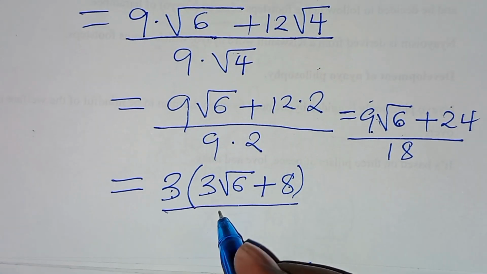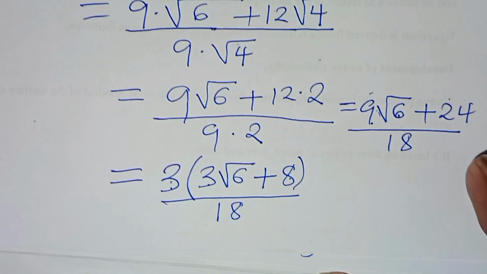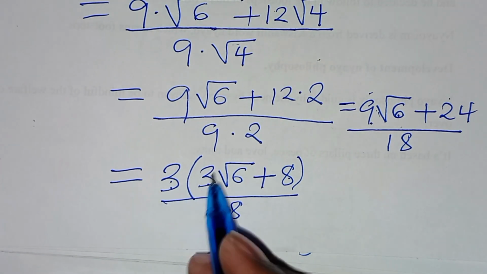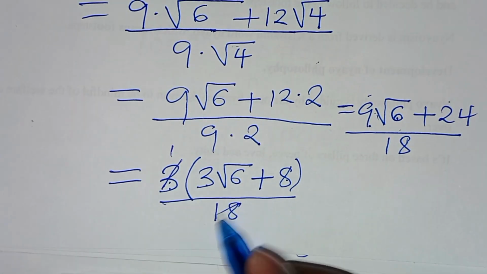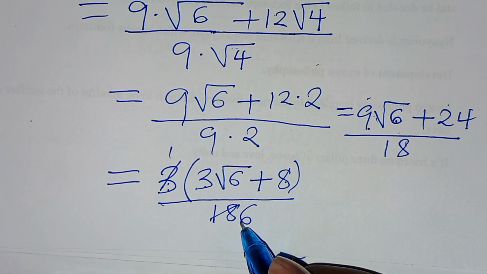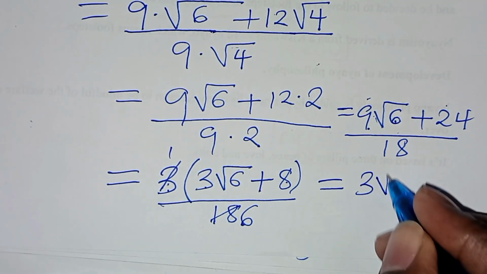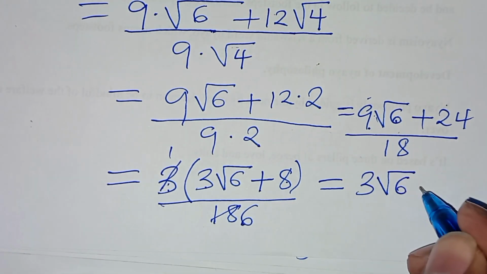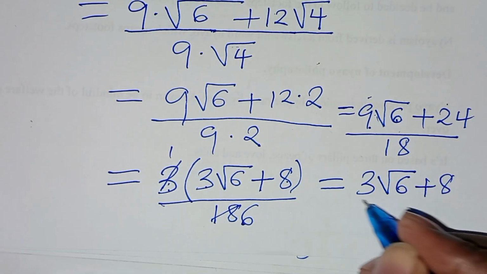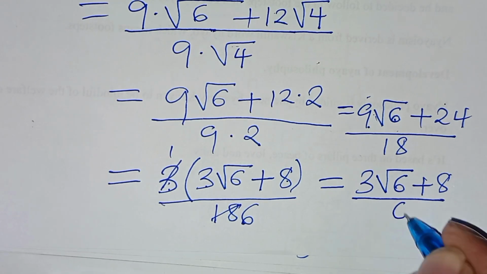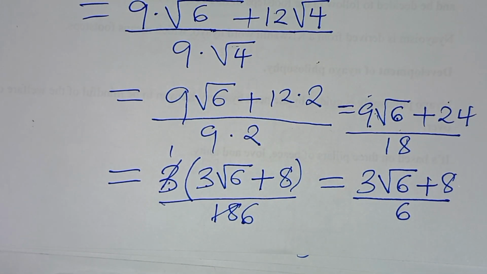Then divided by 18. So let's simplify here. By 3, 1, by 3, 6. So here we have 3 square root of 6 plus 8 divided by 6. And this is the solution to this problem.